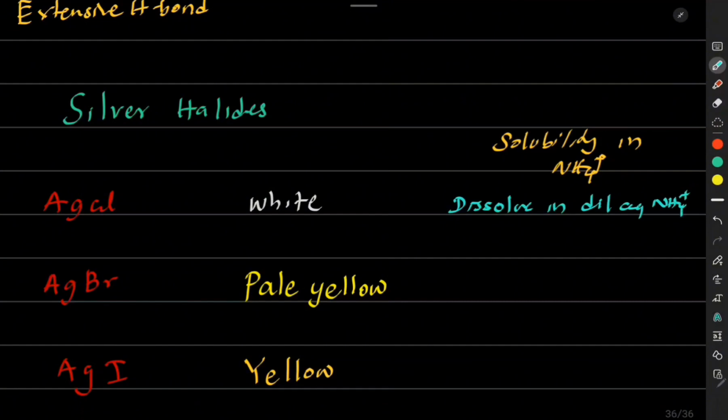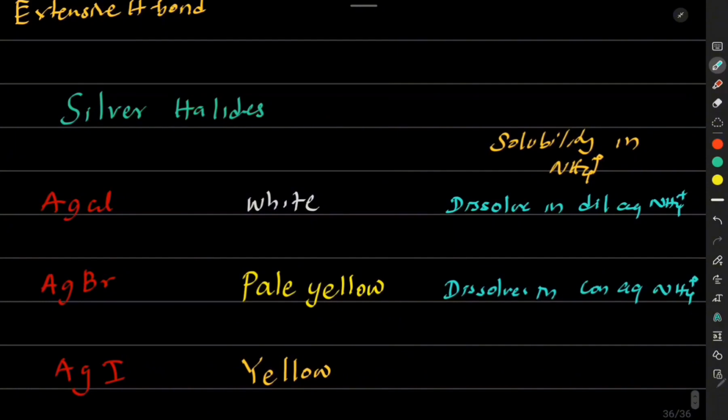AgBr dissolves in concentrated aqueous ammonia. And AgI is insoluble in both concentrated as well as diluted ammonia.